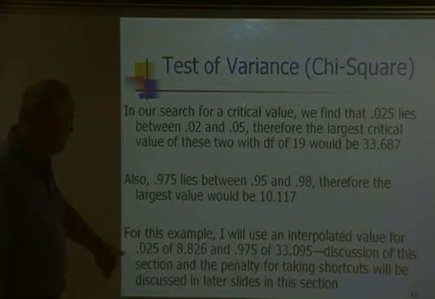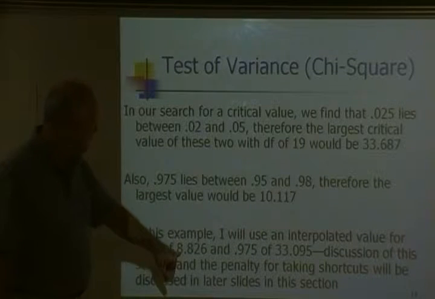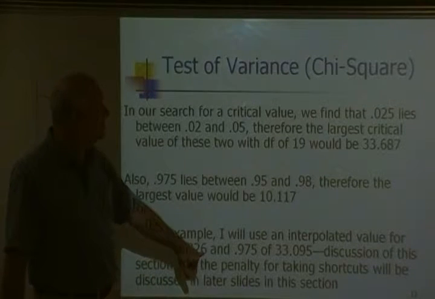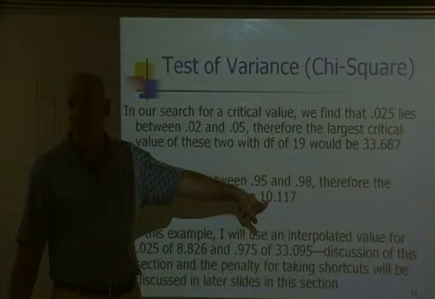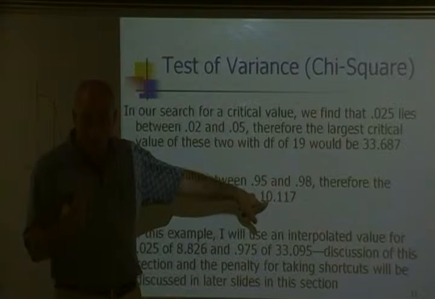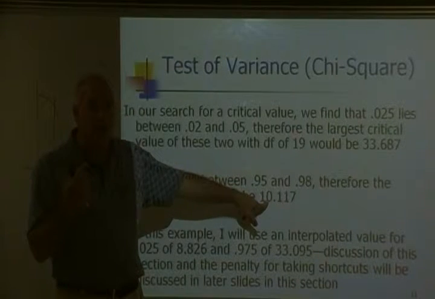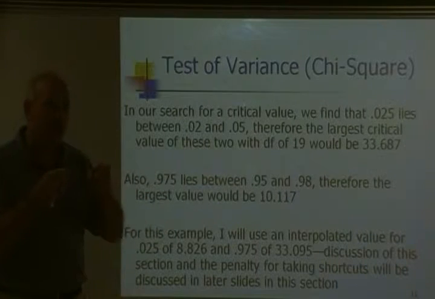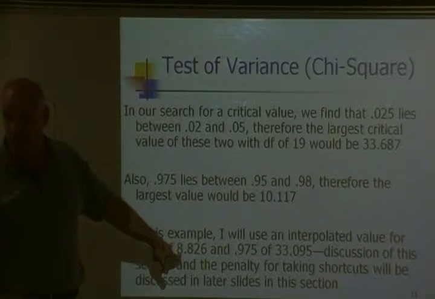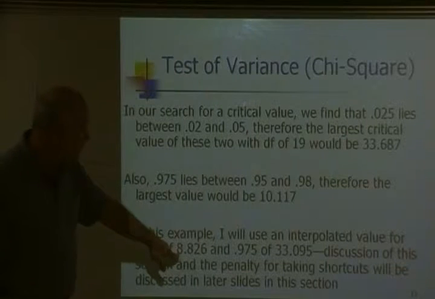So the interpolated value for 0.975 is going to be 8.826 versus 10.117. The rule of thumb is you take the larger of the two critical values. But when you interpolate the value, you come up with a more precise critical value of 8.826.